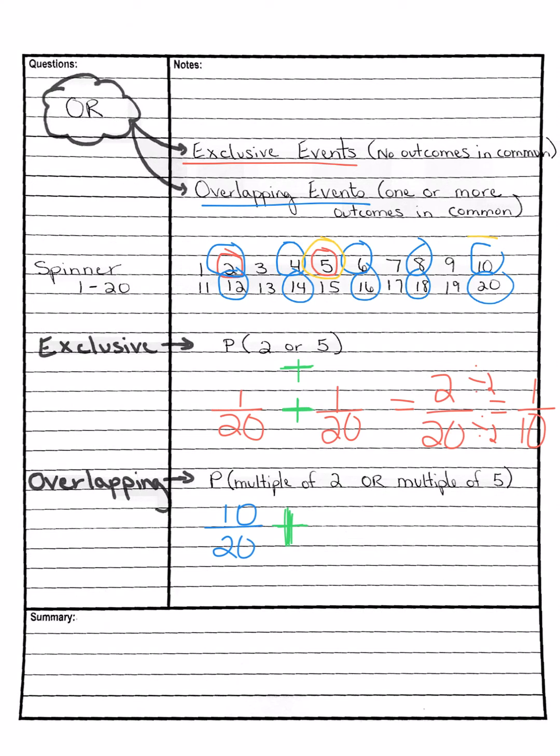1, 2, 3, 4. So we have 4 of the numbers out of 20 that would be a multiple of 5. However, I see some of those that I circled in blue and yellow. How many did I circle in blue and yellow? The 10 and the 20. So we've counted those in a sense twice.